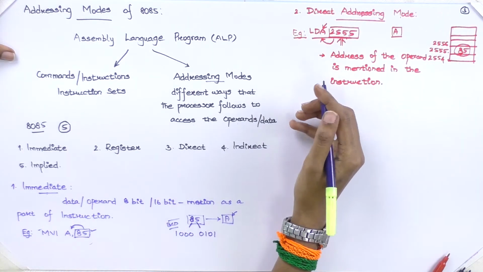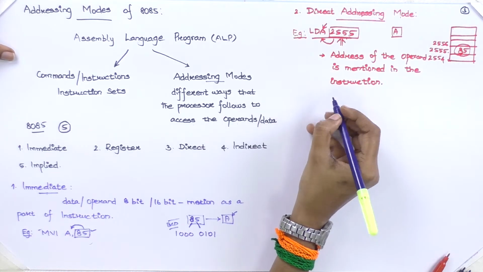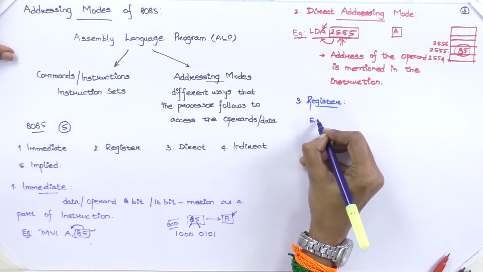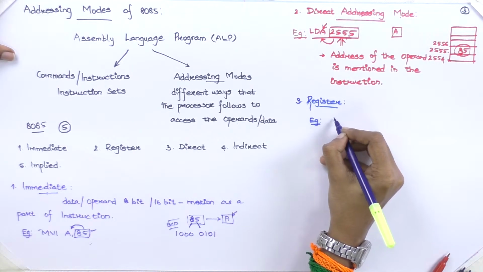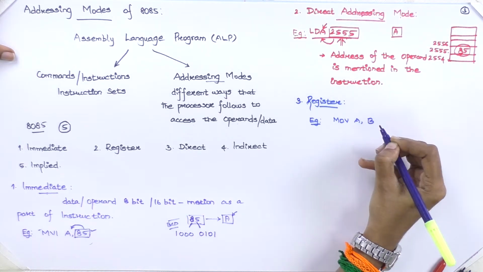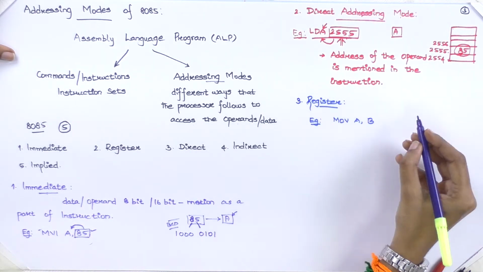So next we are going to see about the register addressing mode. In register addressing mode, the operand will be placed in a register and that register will be mentioned in the instruction. For example, MOV A, B. This is an example for register addressing mode.